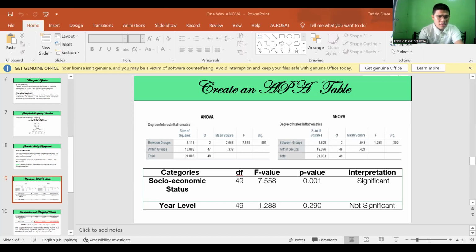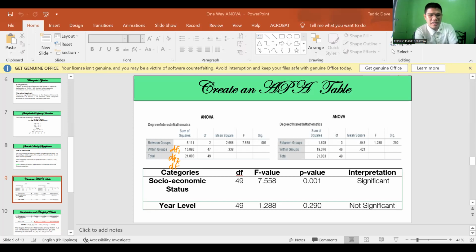So this is your result for ANOVA in terms of socioeconomic status. Earlier, there was DF, right? Here is your DF1, between groups, your DF2 is here, and your DF is here.